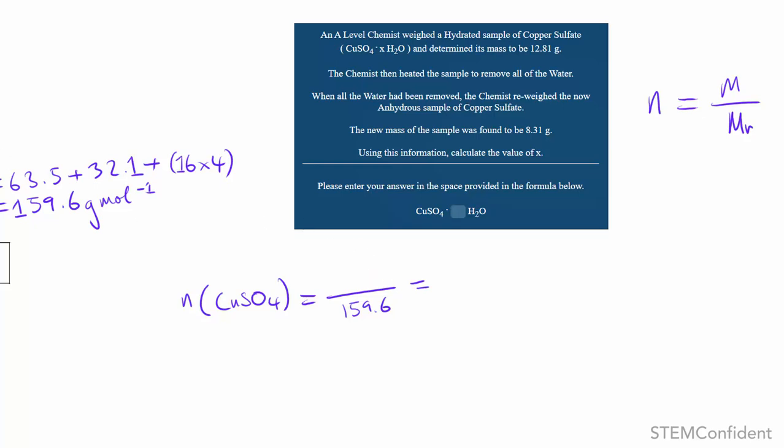That value should be 8.31, right? So hopefully you didn't make the same mistake. So anyway, when you work this out, you're gonna get 0.052068, and that's going to be in moles, right?